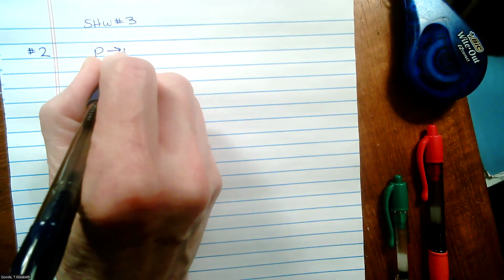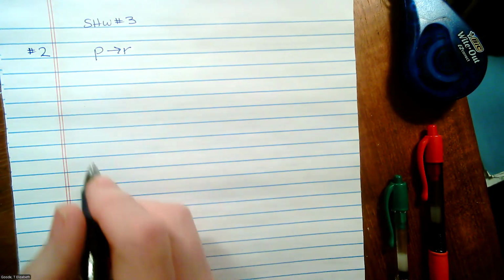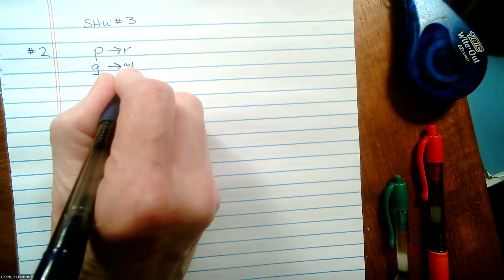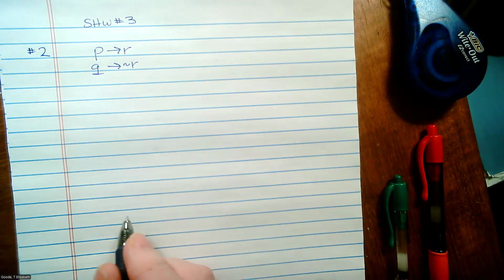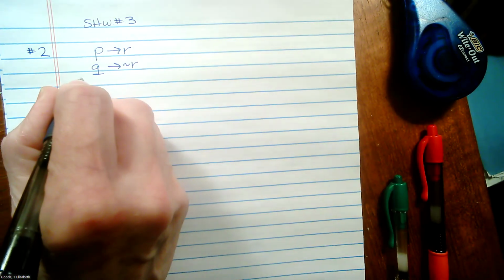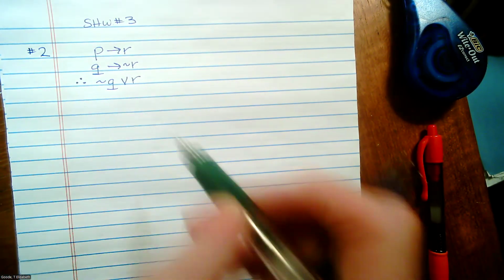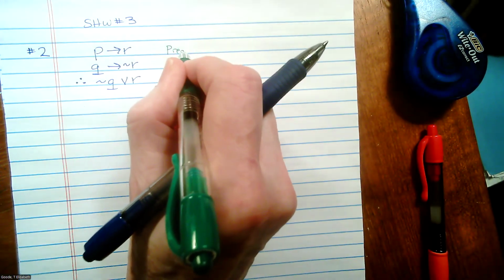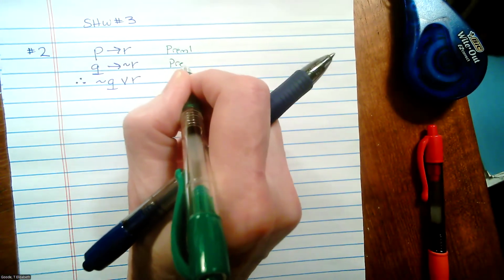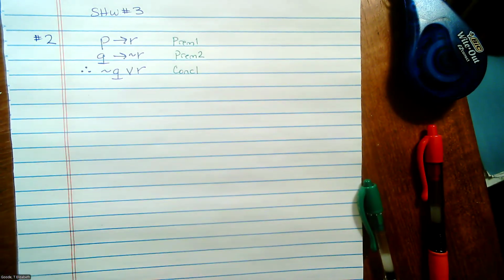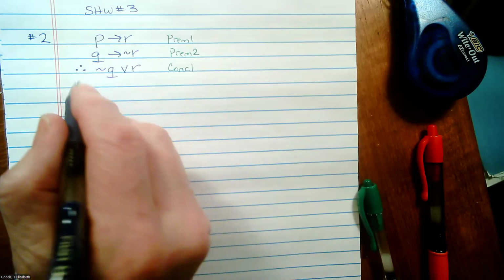If P then R, or if Q then not R, therefore not Q or R. Again, in this case, we have 2 premises, but we could have more. In our quiz, we had 3 premises, right?